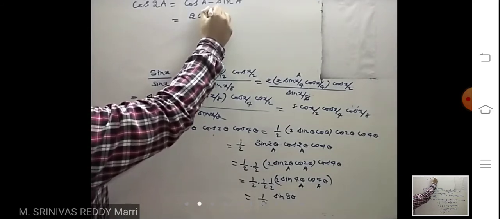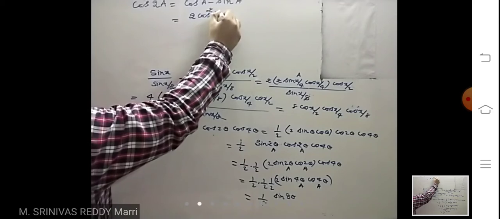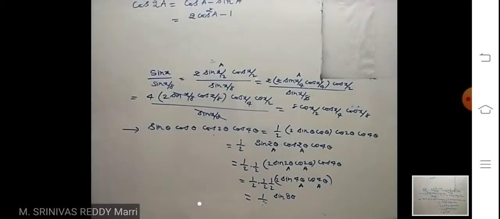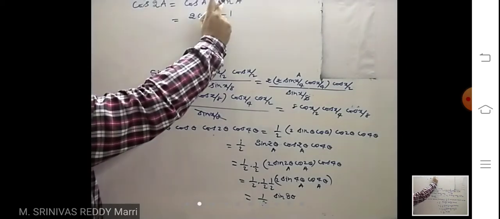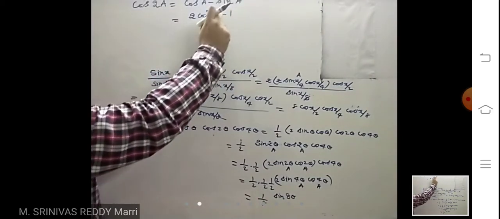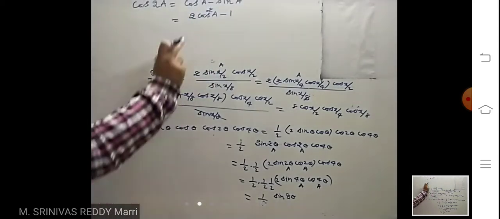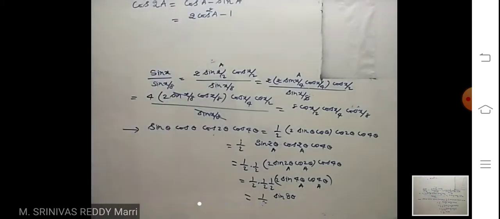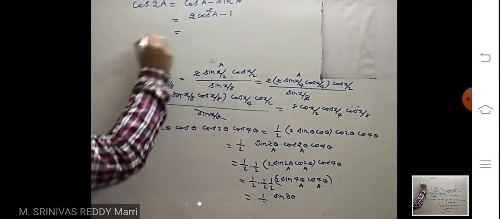Similarly, if you want to write in only cos, it is 2 cos square A minus 1. In the above formula, you write sine square A equal to 1 minus cos square A, then you will get this one. So in terms of only cos, cos 2A equals 2 cos square A minus 1.